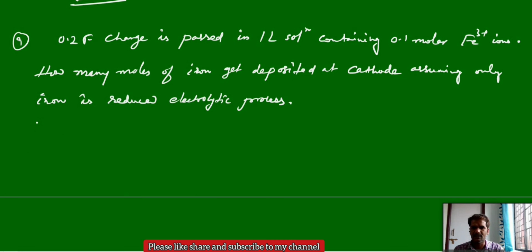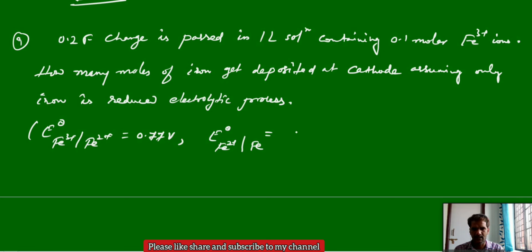Here are given the reduction potentials: iron 3 plus to iron 2 plus is 0.77 volt, and similarly the reduction potential of iron 2 plus to iron is minus 0.44 volt.